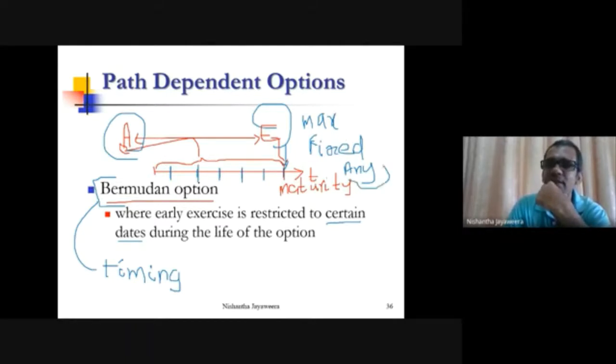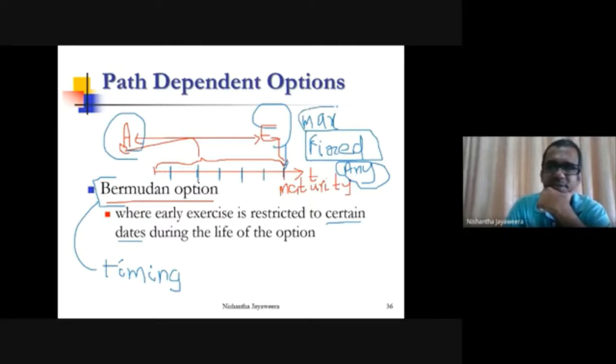When you say any time or any amount, there's no restriction. When you say fixed, the amount or the date or whatever is specified. You cannot go away from that.